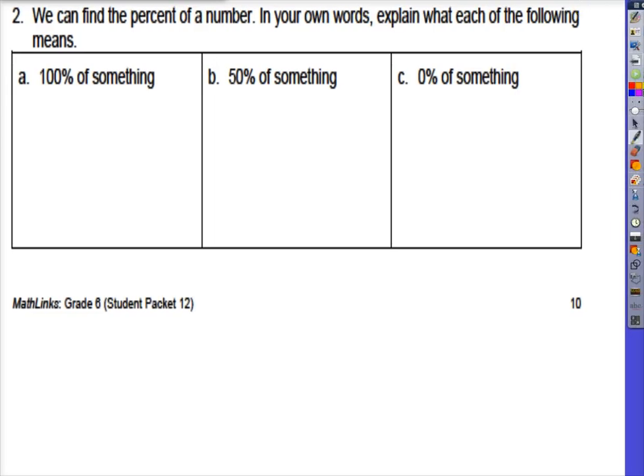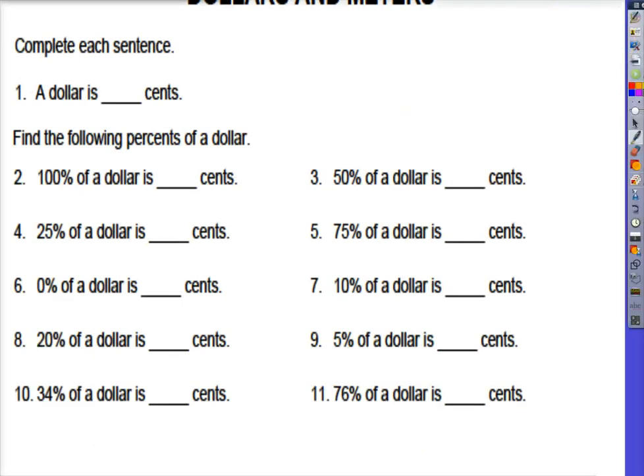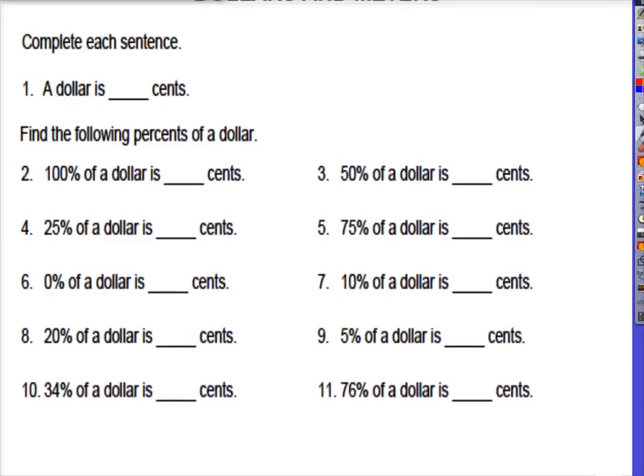Okay, and here we go. Complete each sentence. I want you to write this in your math notebook. And yes, you do need to write each sentence. You can't just write the word. So you're going to write out $1 is, and what are you going to put there for the cents? And if we're talking about $1 and we're talking about cents, I don't mean dimes.